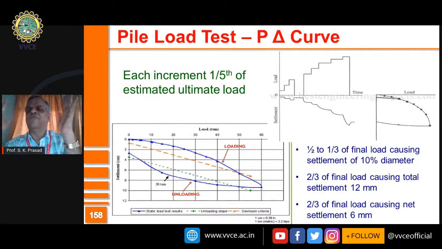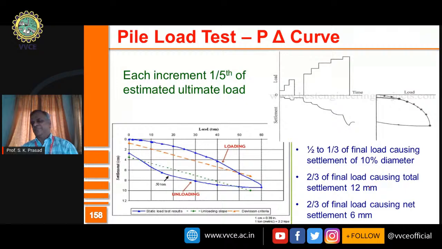If a pile is of 500 diameter, then whenever you get 50 of settlement, you find out the load, half of that load will be the allowable load, or two-thirds of the final load, which causes a settlement equal to 12.